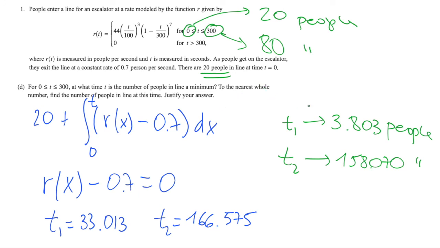So if we compare the numbers, we have to find the minimum. The minimum is at time 1, so the minimum is when we are at 33 seconds, and the number of people is 3.8, so we can say 4 people.